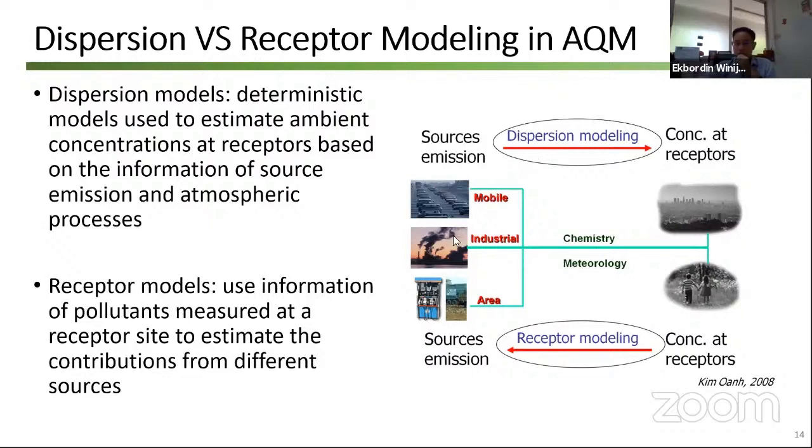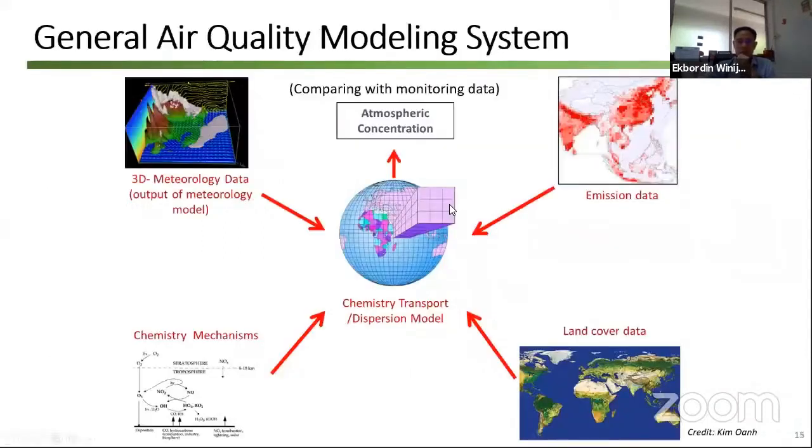So you will input source information as an emission inventory. We will put in some meteorological data, and then we would like to see the concentration at any location. Okay, again, this is the general information of the air quality modeling system that we use in this study. So this is the model system.